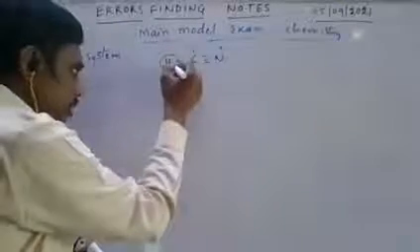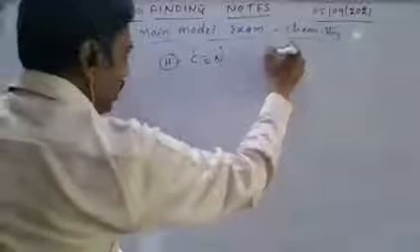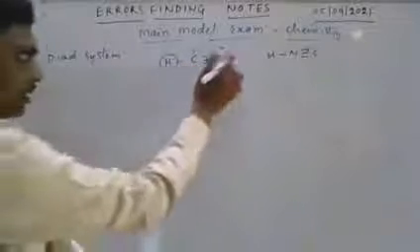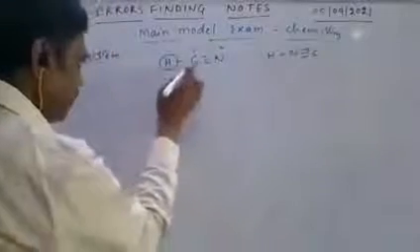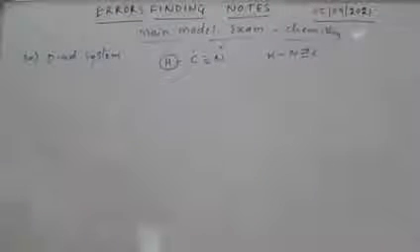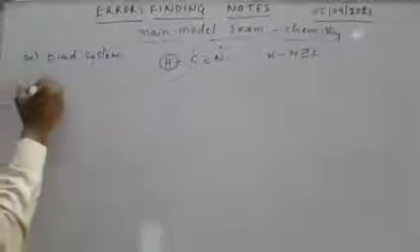Hydrogen oscillated from carbon to nitrogen, Nana. This is a cyanide, this is an isocyanide. Hydrogen oscillation takes place from carbon to nitrogen. That's why this is a diad system. In all the remaining cases, we get triad systems.